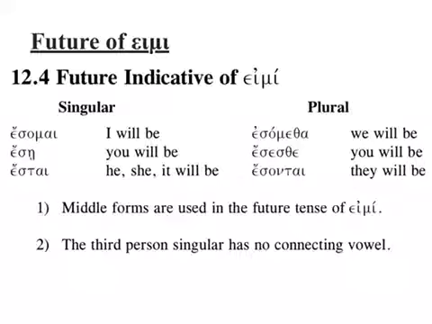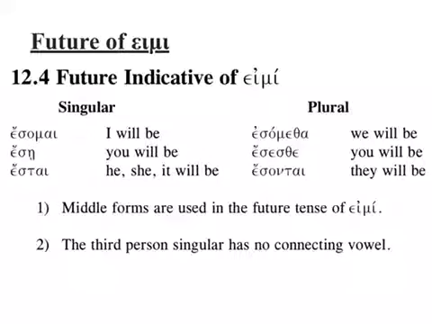Yeah. So the eimi verb, which is very important, has a future. Keep in mind, even though it has the middle passive endings, it's just future. So esomai is just I will be, and it's not passive or middle. It's just because eimi does not have a voice.